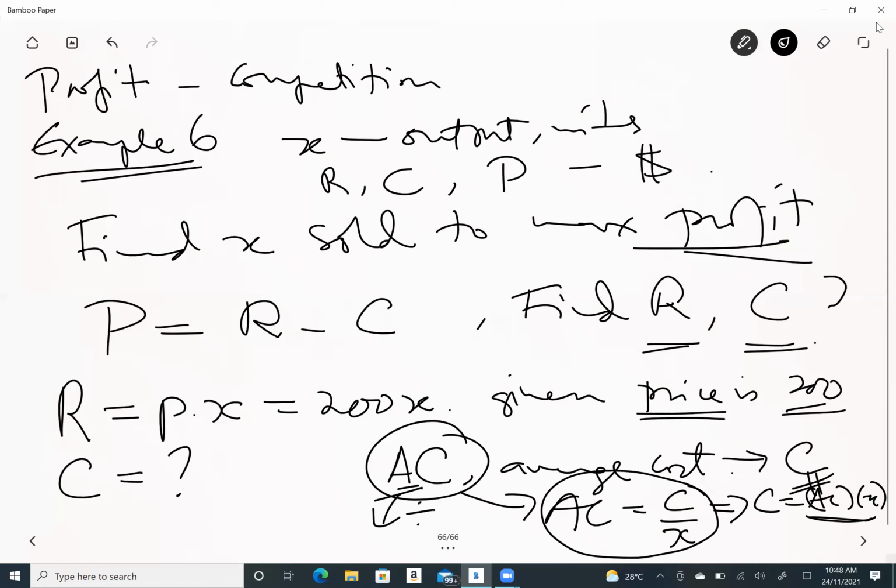Marginal is derivative. If it is economics, marginal is derivative. Average we divide. Average means the amount per unit. So you will get the cost equal to the average cost multiplied by X.